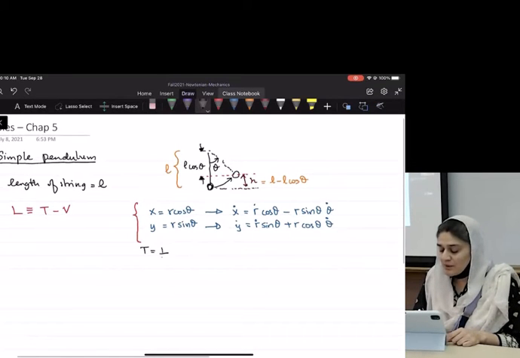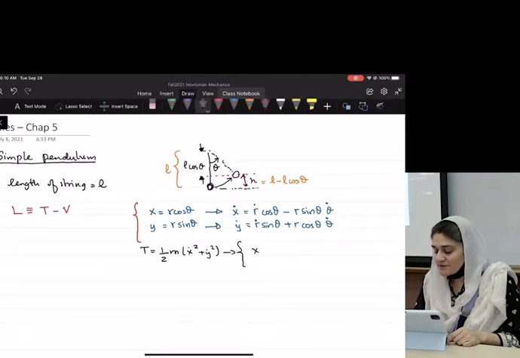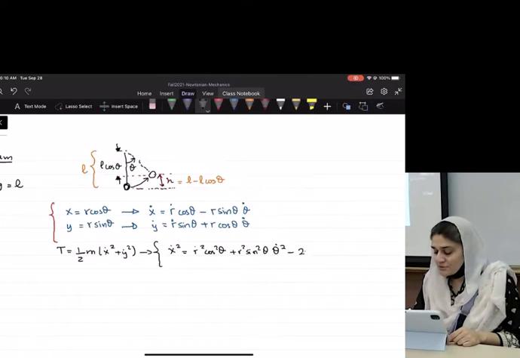Now, what was T? T was 1/2 m (x dot squared plus y dot squared), because we're working in 2D, which implies I should square these. So x dot squared should be r dot squared cosine squared theta plus r squared sine squared theta theta dot squared minus 2 r dot cosine theta r sine theta theta dot.